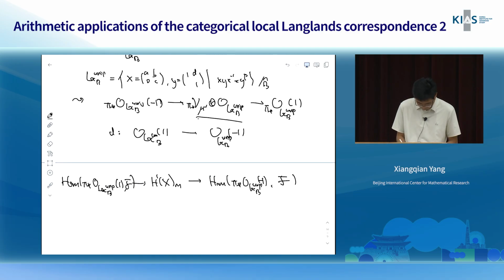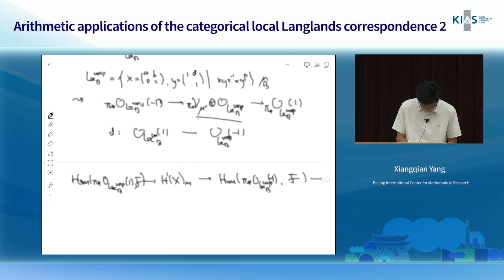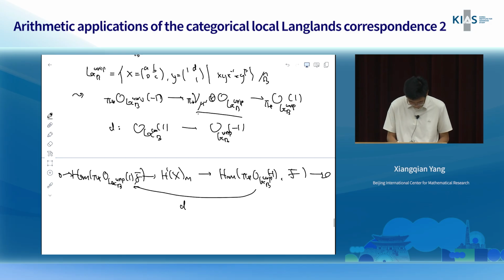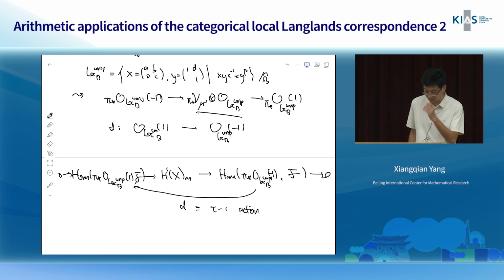And then it turns out to be a short exact sequence. You also have a map D here, which equals the monodromy action on the cohomology. This is really given by the tau minus 1 action, where tau is the tame generator in the Weil group.